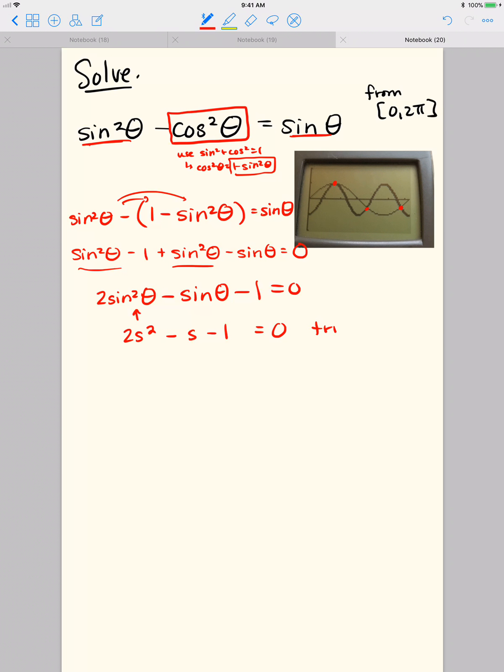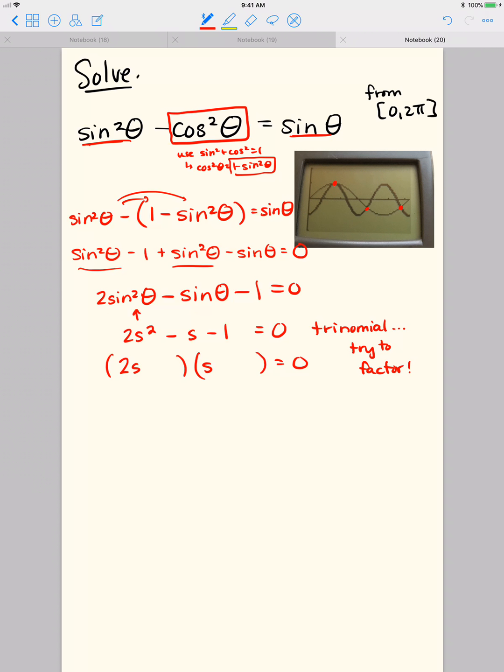And now you have a trinomial for which we can attempt to factor. So now we can try to factor. And if you want to abbreviate the sine squared with s squared so it helps you understand or visualize the factoring better, please feel free. So 2 sine squared is 2 sine times sine.